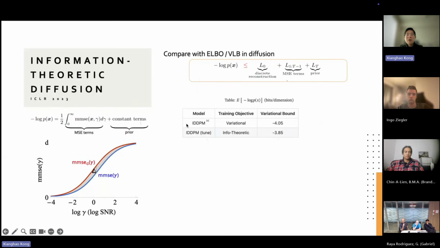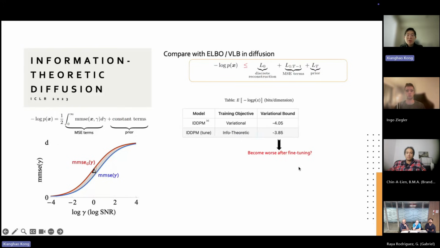For the original IDDPM model, it gives negative 4.05, but after fine-tuning, it gives a little bit higher value, like negative 3.85. But it doesn't make sense because we have fine-tuned the model. So naturally, this value should be even smaller, right? But it gives a little bit higher value. So we want to ask: does this kind of variational bound estimate the NLL value correctly or not?